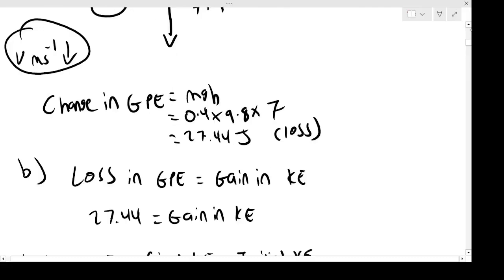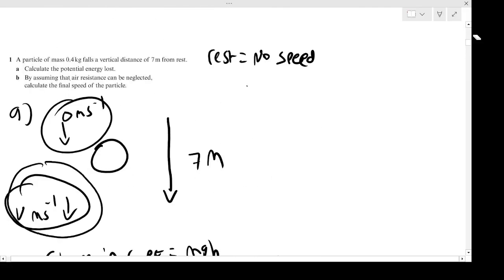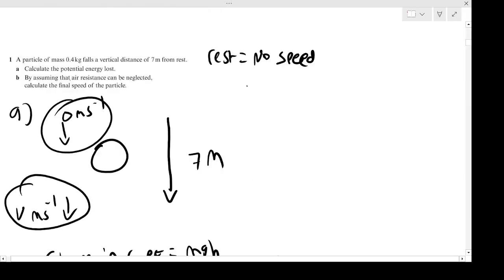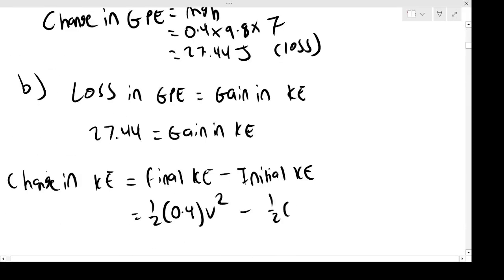The final speed is V, so it's half mv squared. The mass is 0.4, so 0.4 lots of V squared. Take away the initial kinetic energy, which is zero because it starts at zero speed. So simply, half times 0.4 is 0.2 lots of V squared.